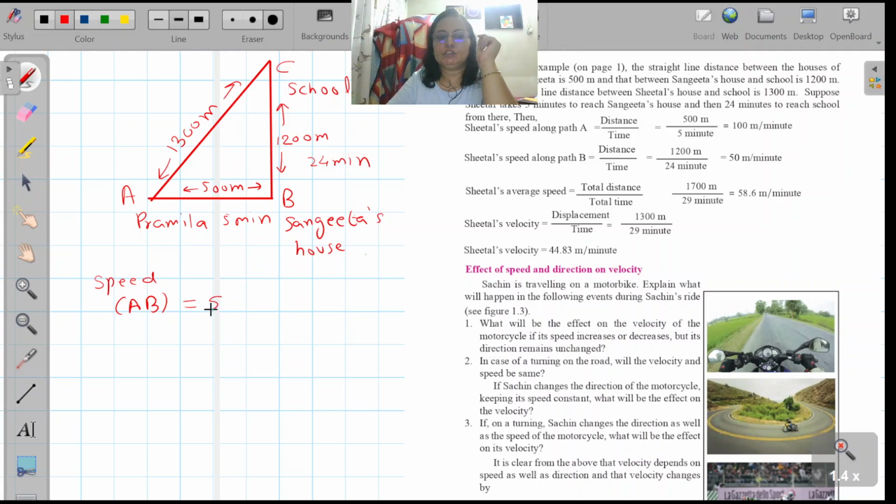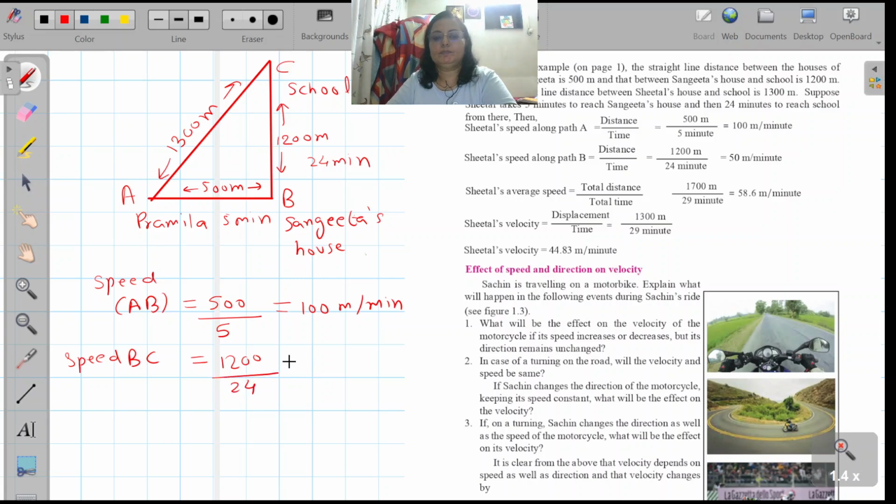Pramila is traveling at a distance of 500 meter. She is taking 5 minutes. So the speed is 100 meter per minute. What is the speed from B to C? It is 1200 divided by 24 minutes, which is 50 meter per minute.